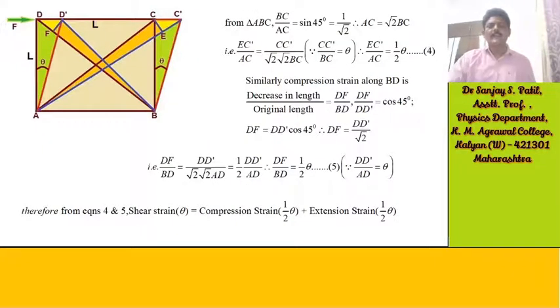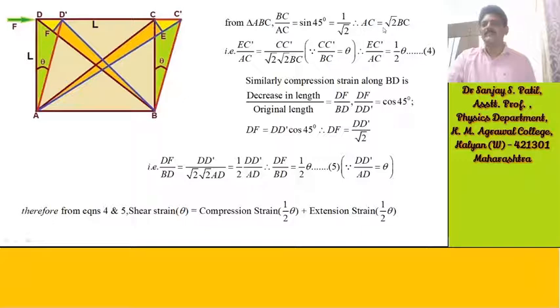Now from triangle ABC, BC divided by AC, that is the opposite side divided by the hypotenuse, is sine 45 degrees, which is equal to 1 by root 2.